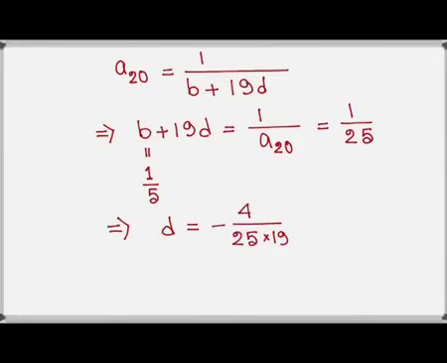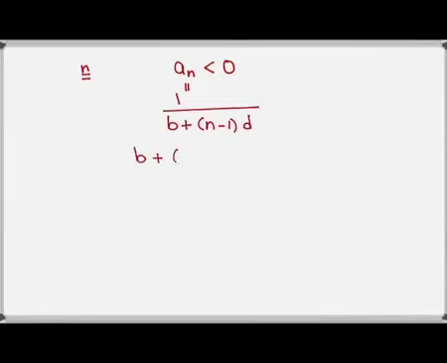Now our job is to find out the least positive integer n so that an is strictly less than 0. As an is 1 by b plus n minus 1 into d, we shall find out the least positive integer n for which b plus n minus 1 into d is strictly less than 0. We know b is equal to 1 by 5 and we also know the value of d.